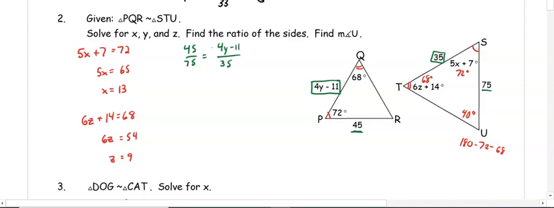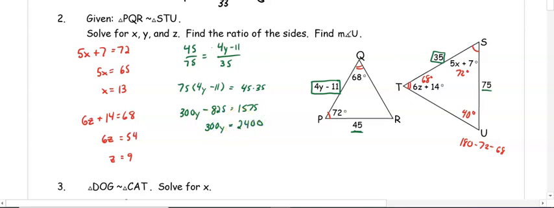As we cross multiply here, we get 75 times 4y minus 11 equals 45 times 35. 300y minus 825 is equal to 1,575. We can add the 825 to both sides, so 300y is equal to 2,400.